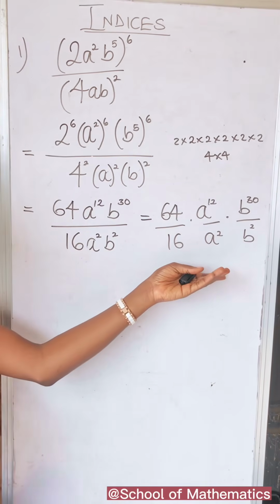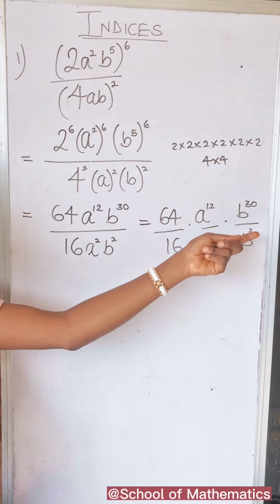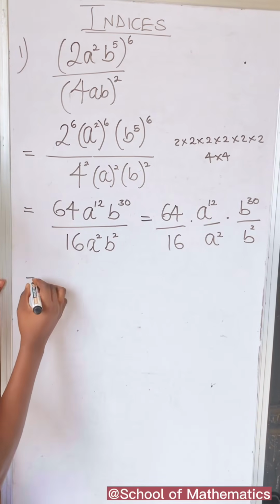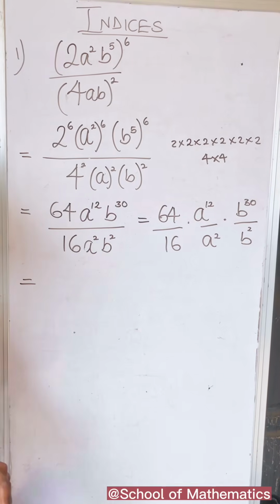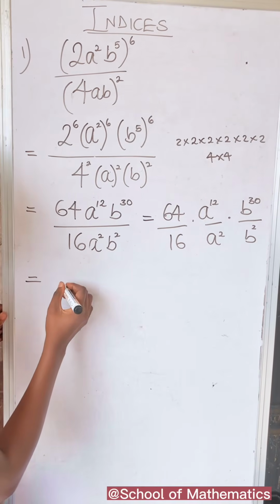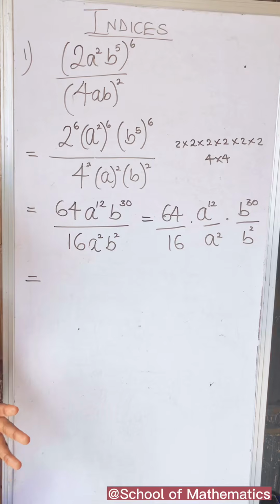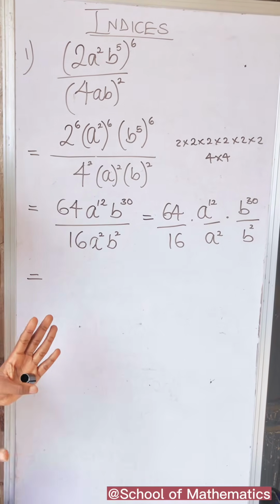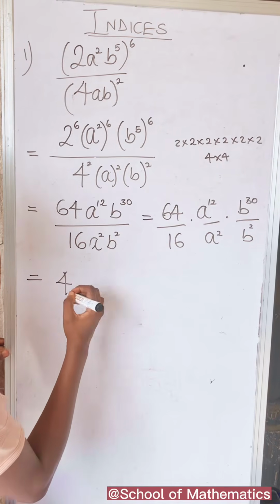You could break it down like this if you want to make your work simpler. It's the same thing as this. So 64 divided by 16 is what? So 64 divided by 16 is 4. Right? So you have 4.